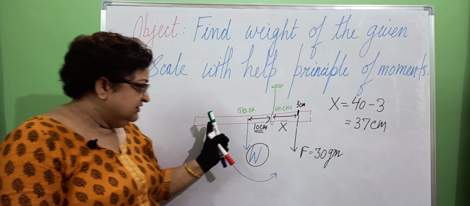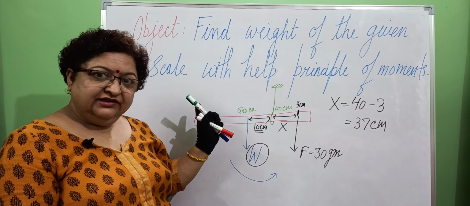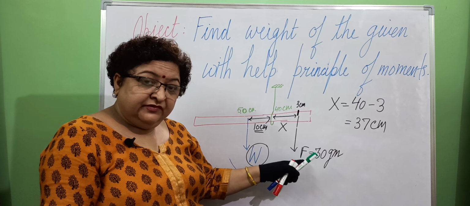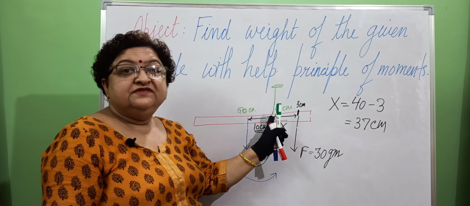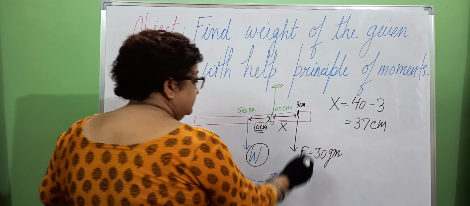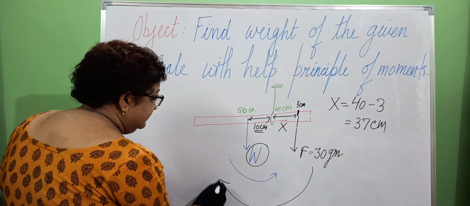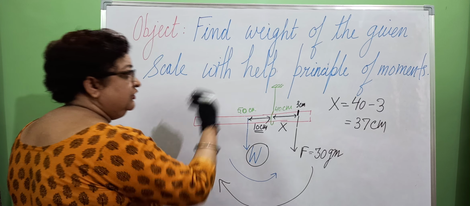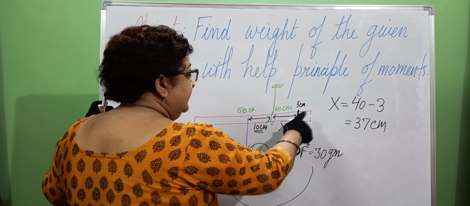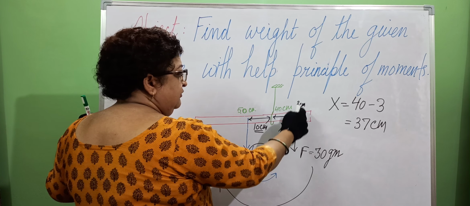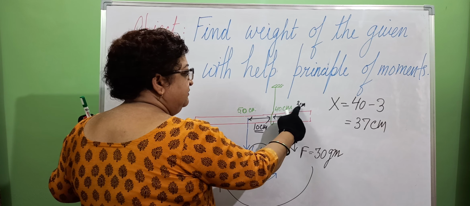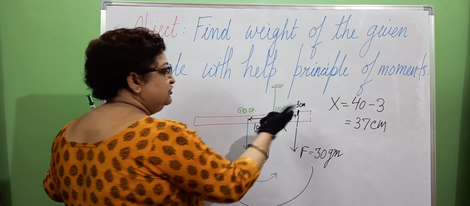Since the weight was turning the scale anti-clockwise, I suspended the new weight on the right side of the point of suspension, so that the newly created torque has a tendency to rotate the scale in the clockwise direction, just opposite to this torque. And then I shifted the point of suspension of the 30 gram over this length. When I placed it at 3 centimeter, the scale was balanced.